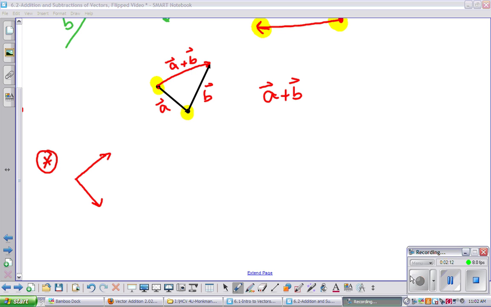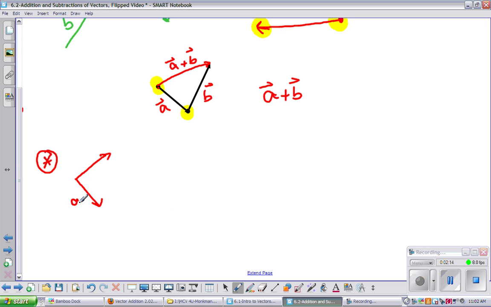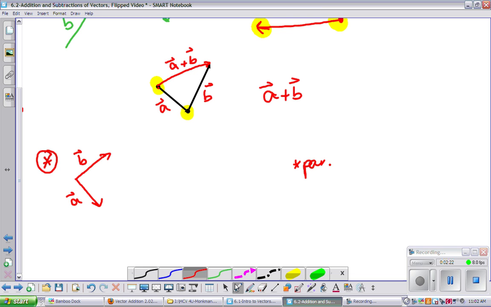So if we did have the situation where we had a tail to tail, so here's A and here's B, what you can do is finish the parallelogram. And that would be doing like so, and it should be straight. And so I'm going to call this U, for example. And if you were to complete it here, you can see that we have a parallelogram there.